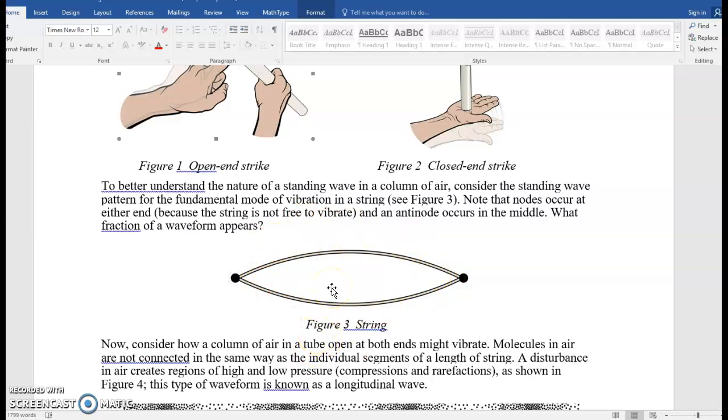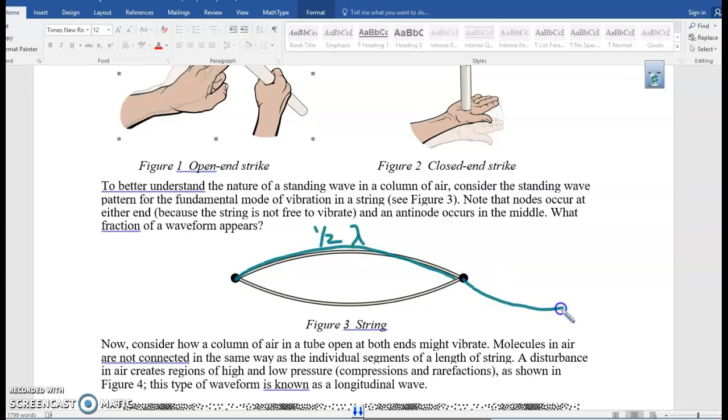Looking at your notes here, you can see that that is half of a wavelength, because we would start here, our equilibrium point, go like that, and then like that, and that would be our full wavelength. So if this were a violin, this would be the string that's attached here, and this might be your finger as you put it down, and then you'd set up that resonance there.